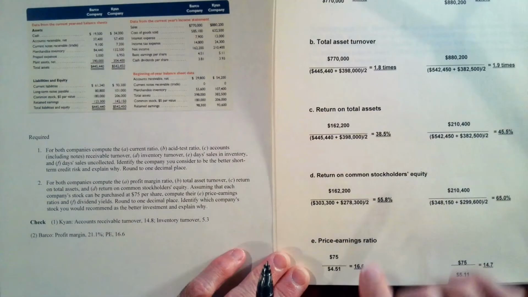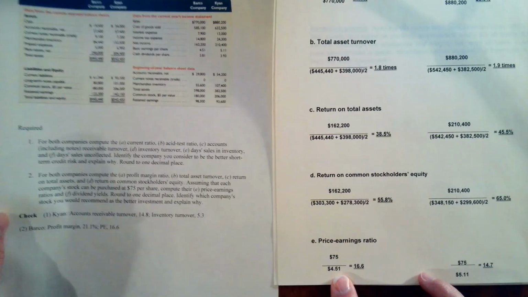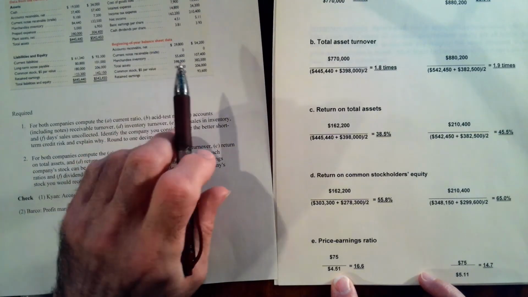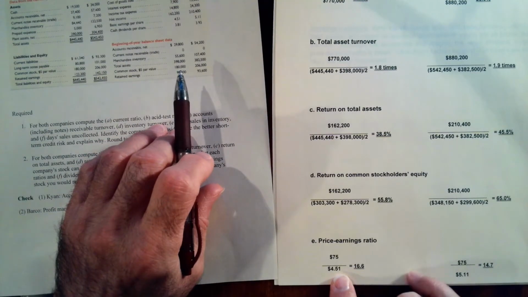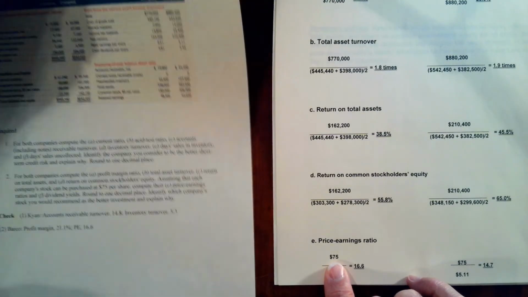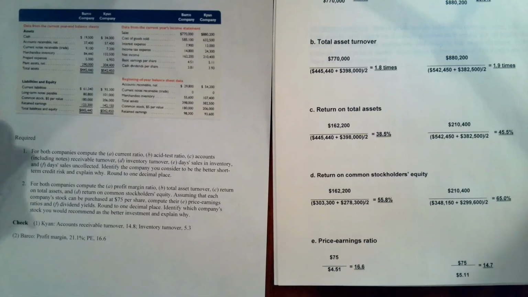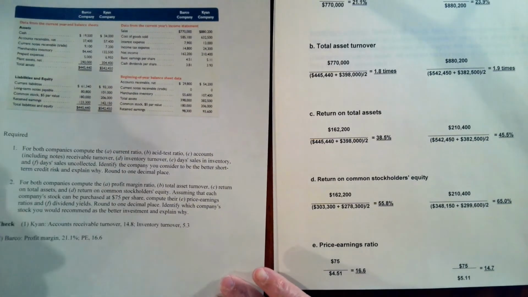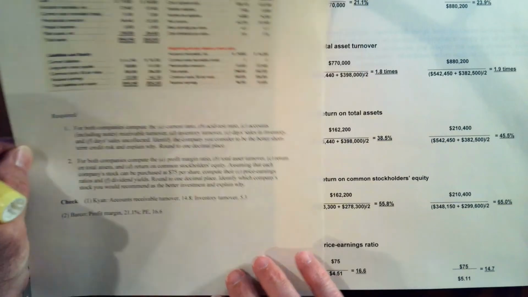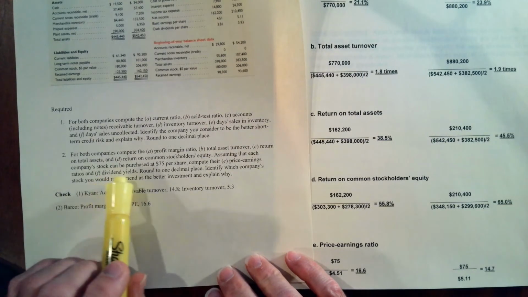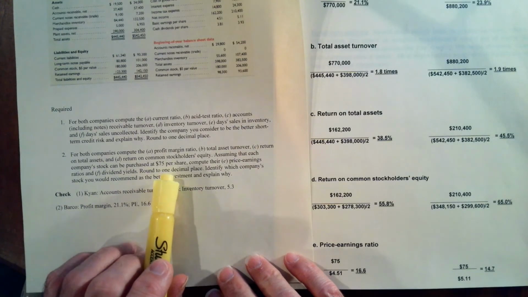next one, price earnings ratio. Okay, so price earnings ratio, you have to do a little bit of digging to find this one, but in the paragraph here they give you the purchase price of a share of stock.